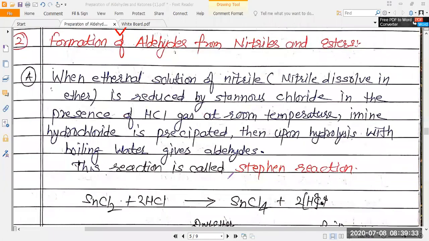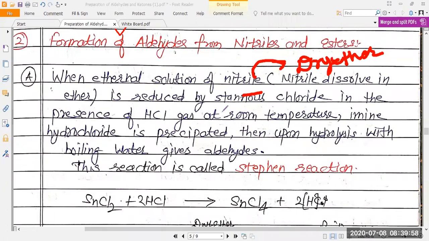When nitrile is dissolved in dry either, it is called an ethereal solution. We have to take dry ether, and the nitrile is dissolved in the dry ether.